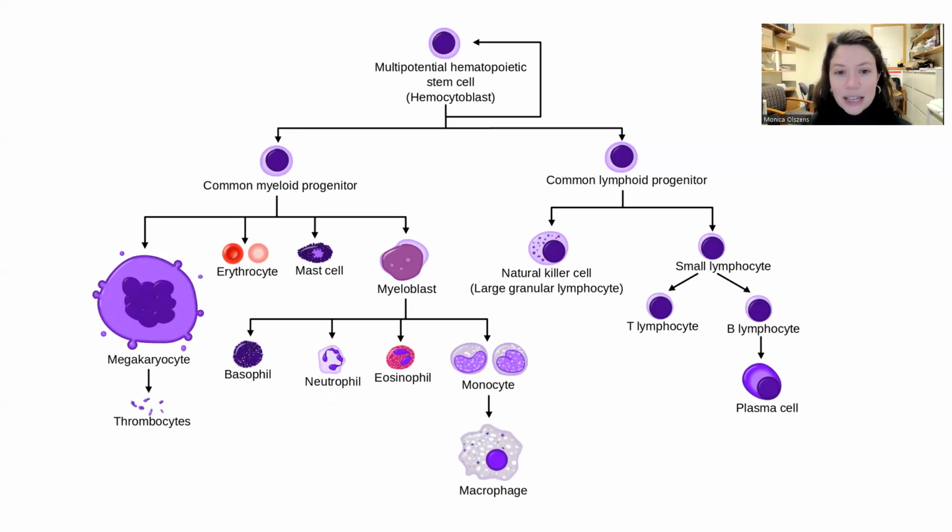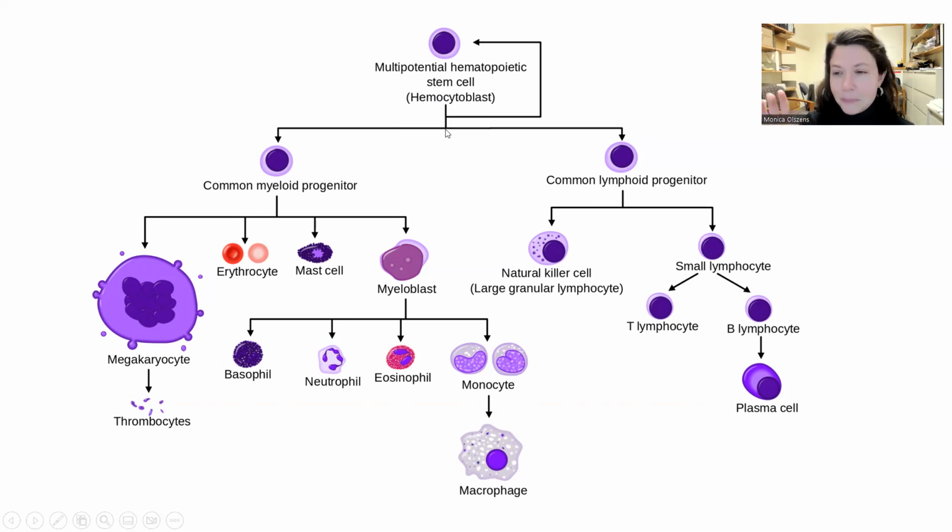But what it means is they get more complicated. And as they get more complicated, there are fewer choices that they can make. All right. So the best type is called multipotent or multi-potential hematopoietic stem cell. It means it can be any cell type.